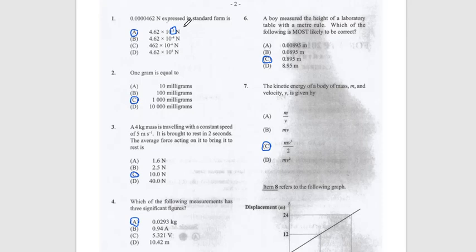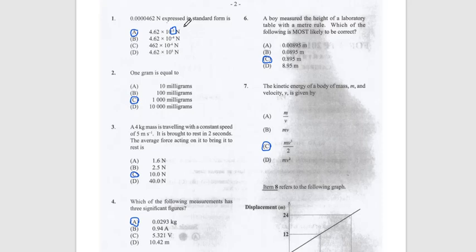Number 3, a 4 kilogram mass is traveling with a constant speed of 5 meters per second. It is brought to rest in 2 seconds. The average force acting on it to bring it to rest is 10 newtons. So for this one, you'd have to calculate the acceleration of the force acting on the object.